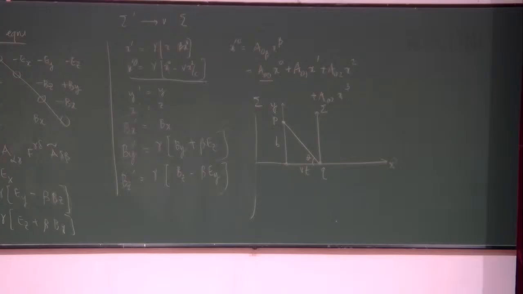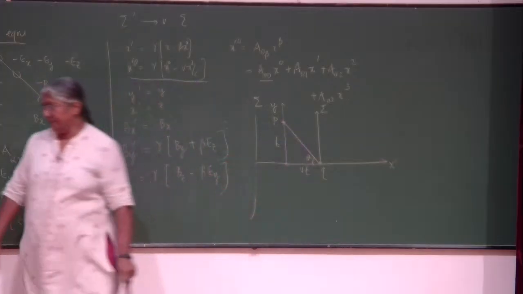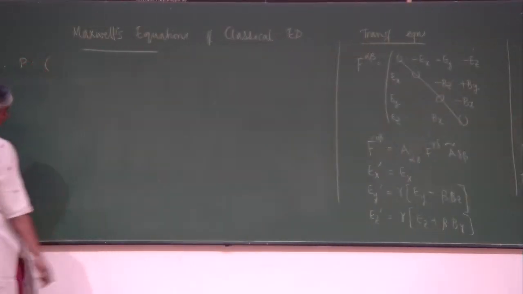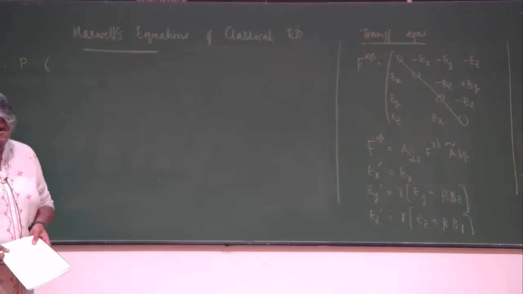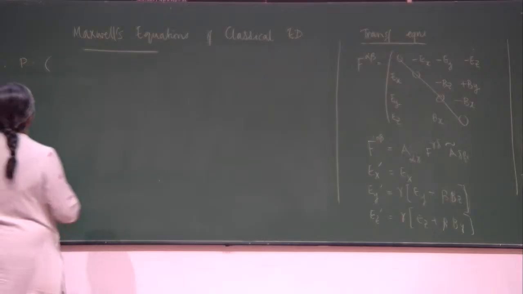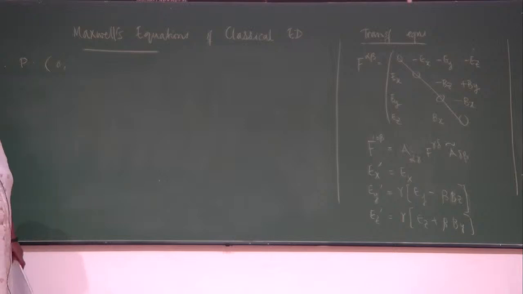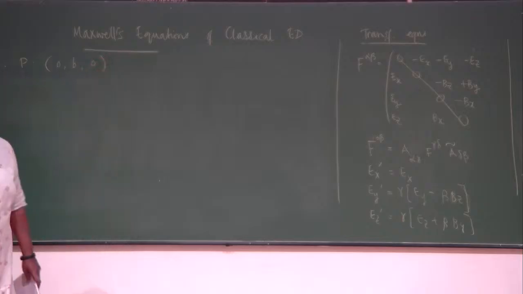So where is the observer sitting? So now we go back to this problem. Observer is sitting at rest in sigma, right? So what are his coordinates in sigma? P has coordinates 0, comma, very nice, B, and we have not put because we just want to simplify the problem, right?